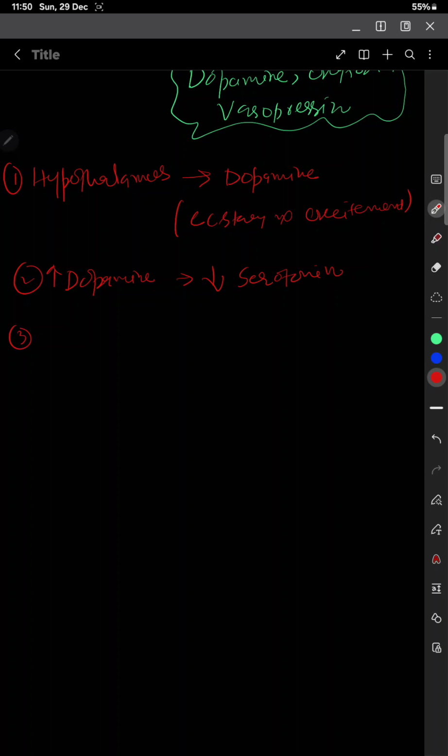In the third step, along with the dopamine, the body also produces a substance called NGF, the nerve growth factor. This NGF is more prevalent in people who are newly in love.